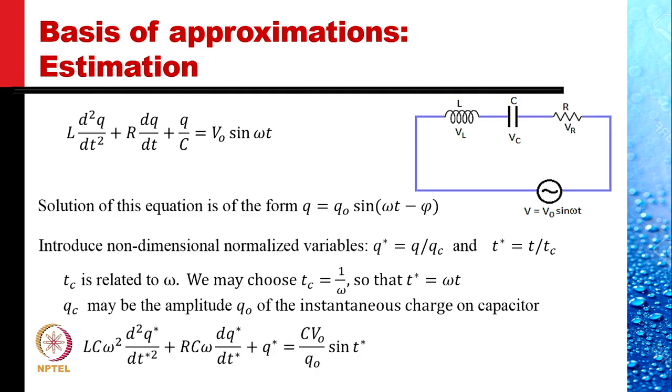And if we do this, the equation becomes LC omega square d square q star by dt star square plus RC omega dq star by dt star plus q star is equal to C V naught by q naught sine t star. Besides introducing the two normalized variables, we have manipulated the equation such that the coefficient of one term has become unity.